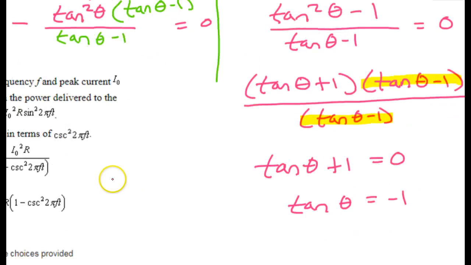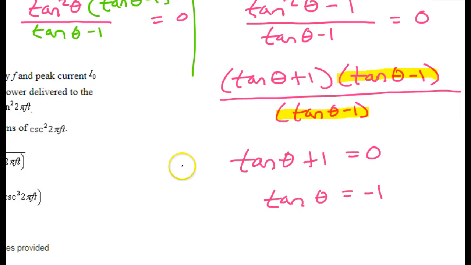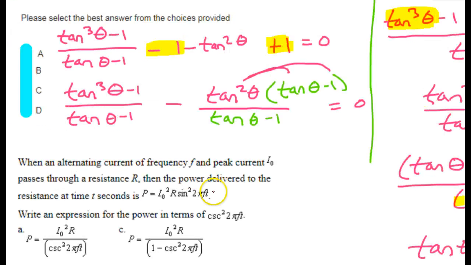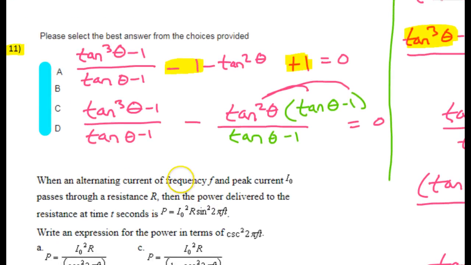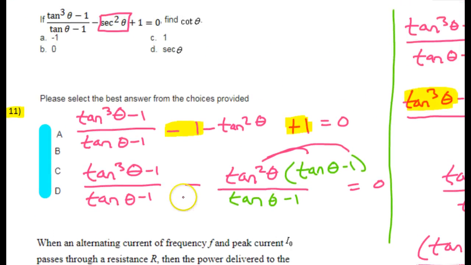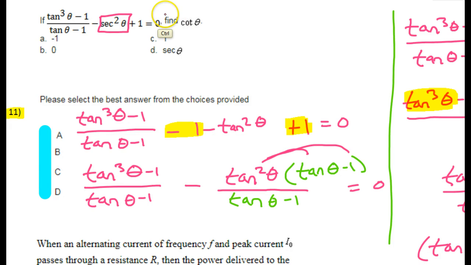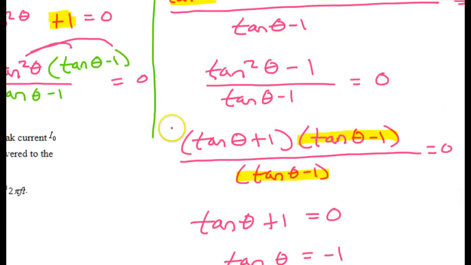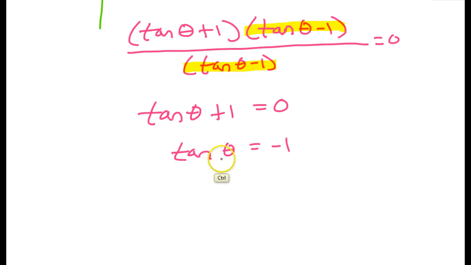Okay, now, so I really solved this as far as I can. Time to look back and see what we were supposed to be finding. We're supposed to find cotangent theta. Well, cotangent is just the reciprocal of tangent. Alright, so if tangent is equal to negative 1, then cotangent will equal the reciprocal of negative 1.